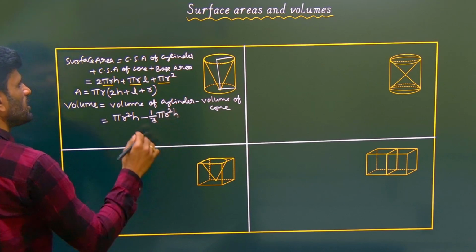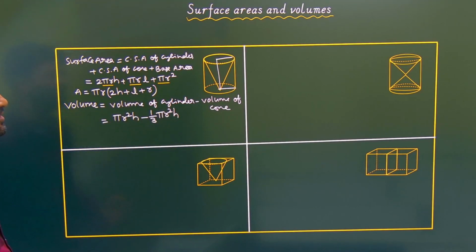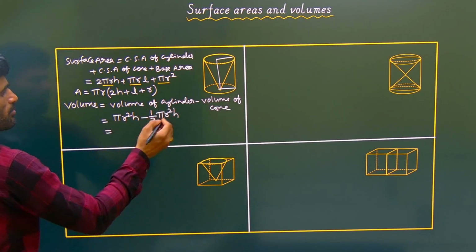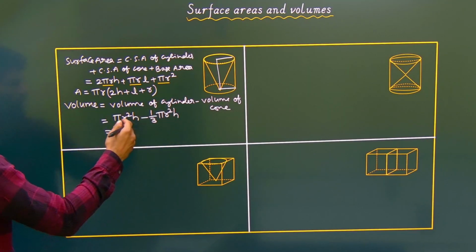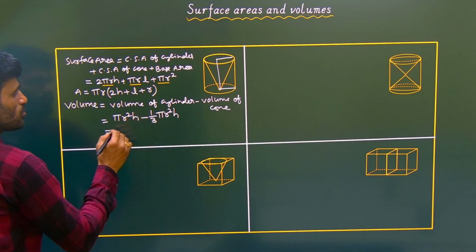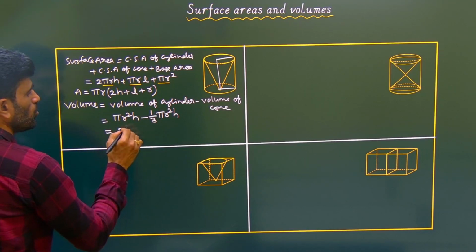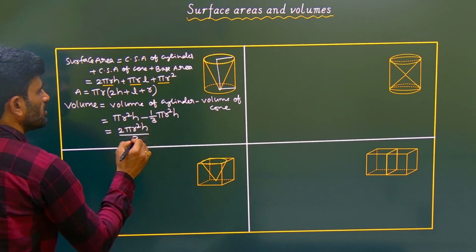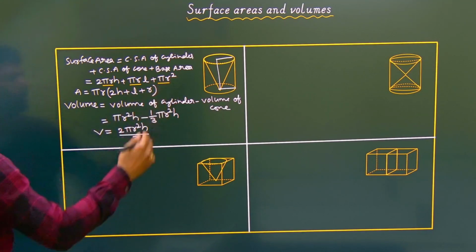Here everything is the same because they both have the same radius and same height, so you can simplify it. Finally, what do we get? 3 pi r square h minus 1 pi r square h, 3 minus 1 is 2. So it is 2 pi r square h by 3. This is going to be the volume of that solid.